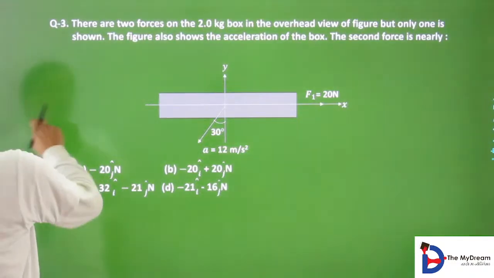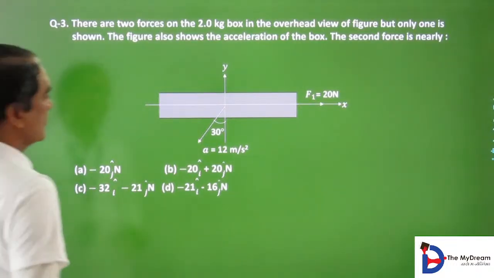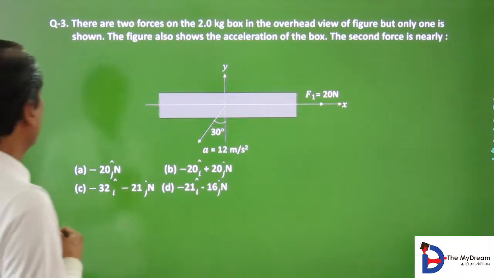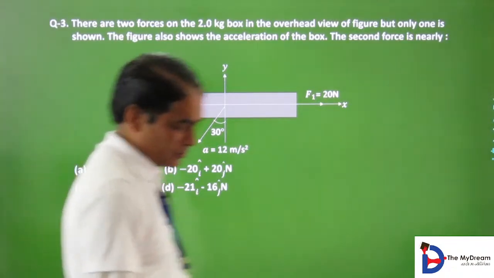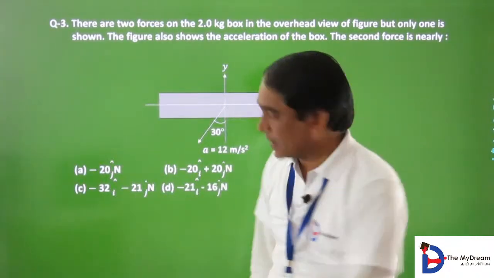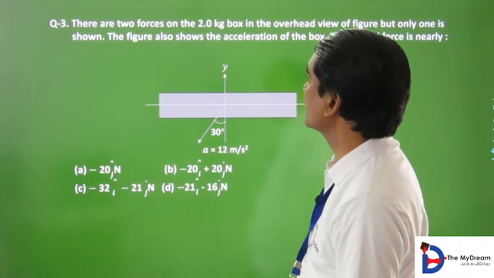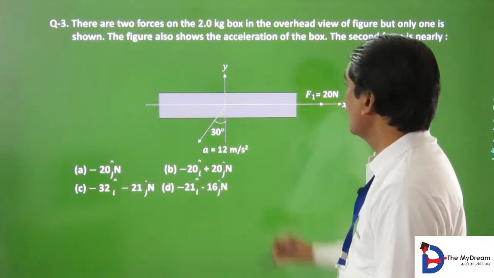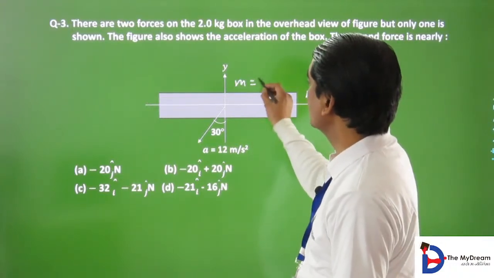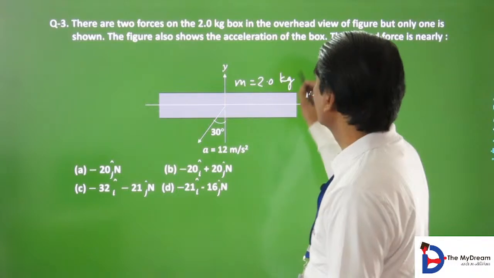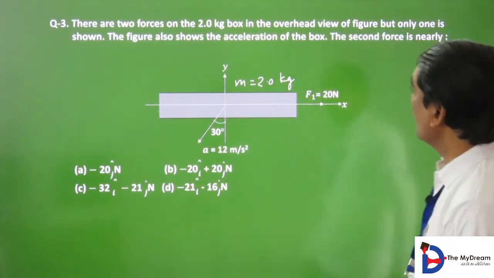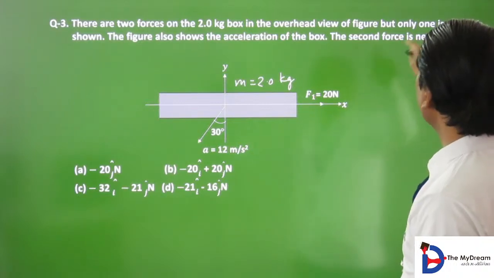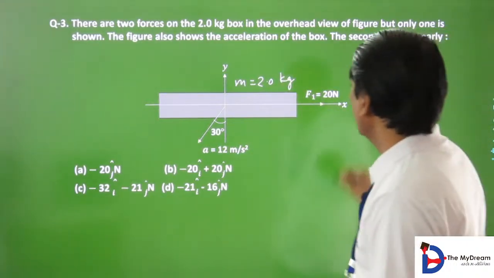Next question is, there are two forces on this box. The mass of the box is 2 kg. In the overhead view of the figure, only one is shown.